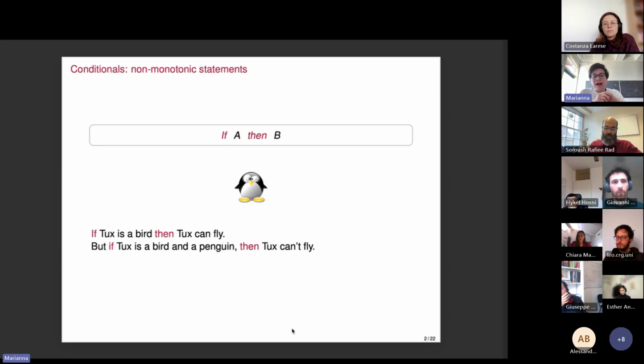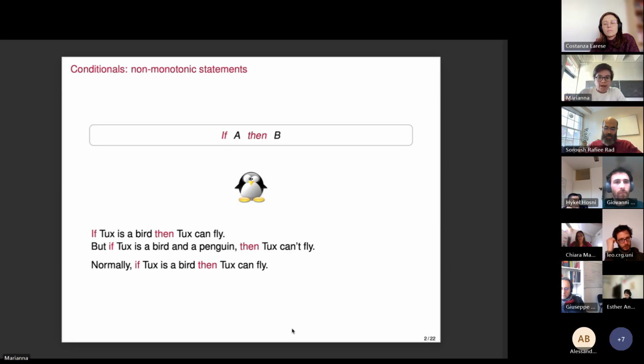But then maybe I happen to learn that Tux is also a penguin. And now if Tux is a bird and a penguin, then I would like to infer that indeed Tux cannot fly. And so you can think of expressing this as an if-then sentence, where you can say, oh, well, normally, if Tux is a bird, then Tux can fly, or normally birds can fly.